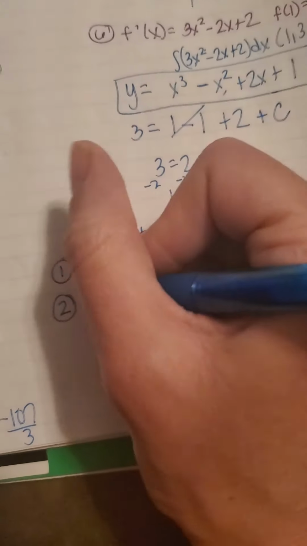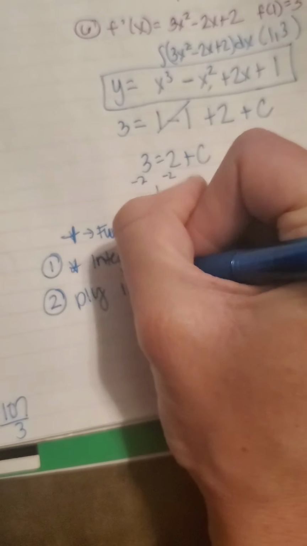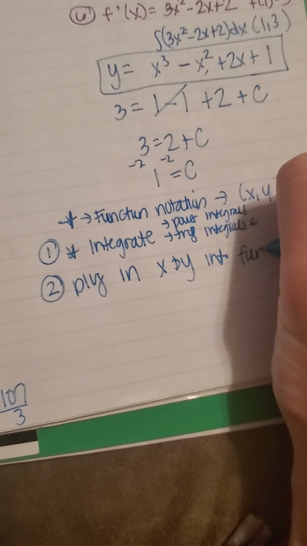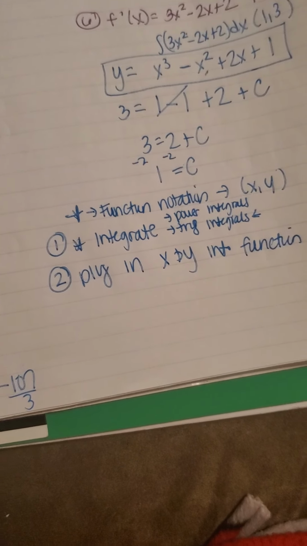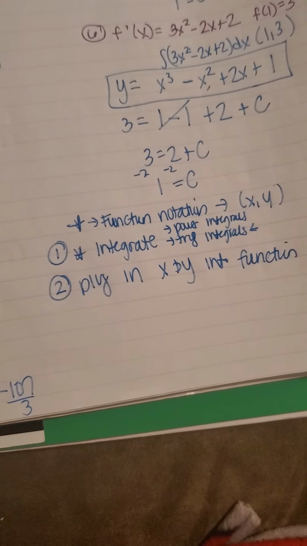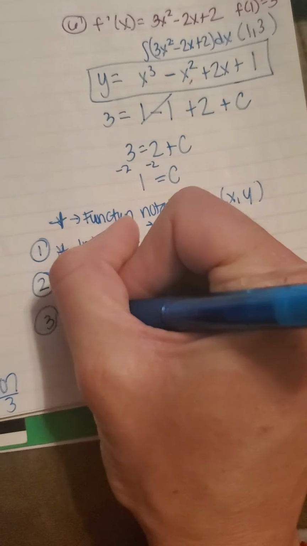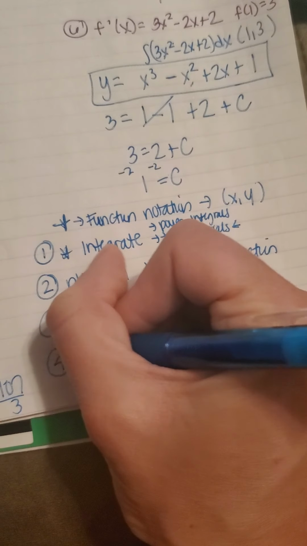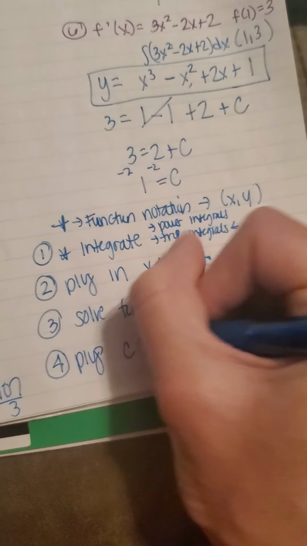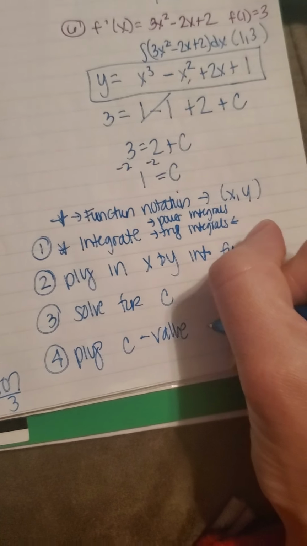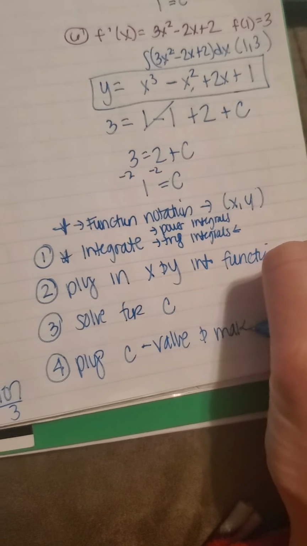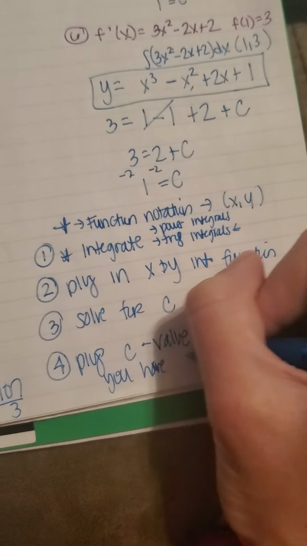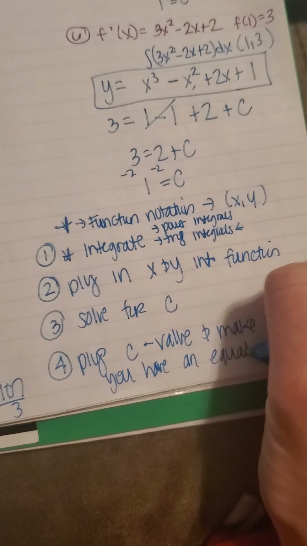Then after you integrate, I'm going to plug in X and Y into that function. Okay. Then I'm going to solve for C. And then my last step is to plug the C value in and make sure you have an equation.